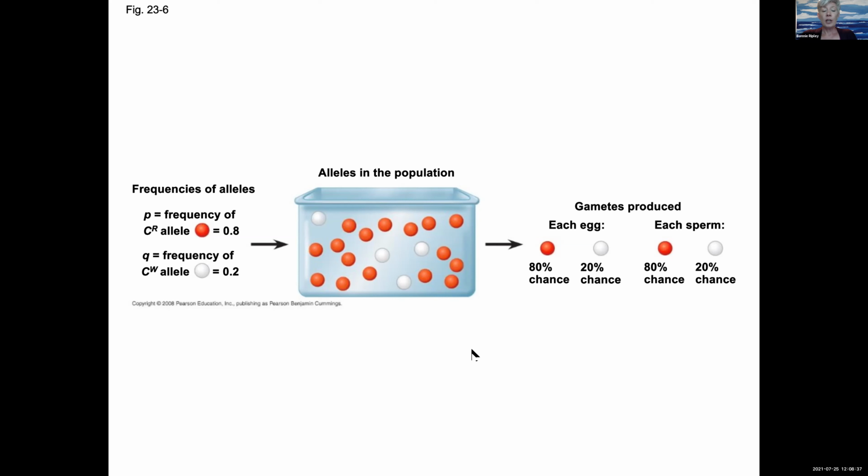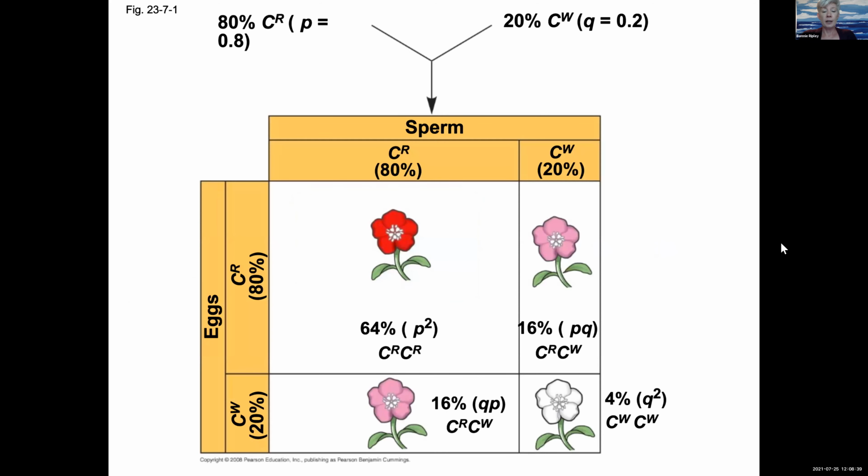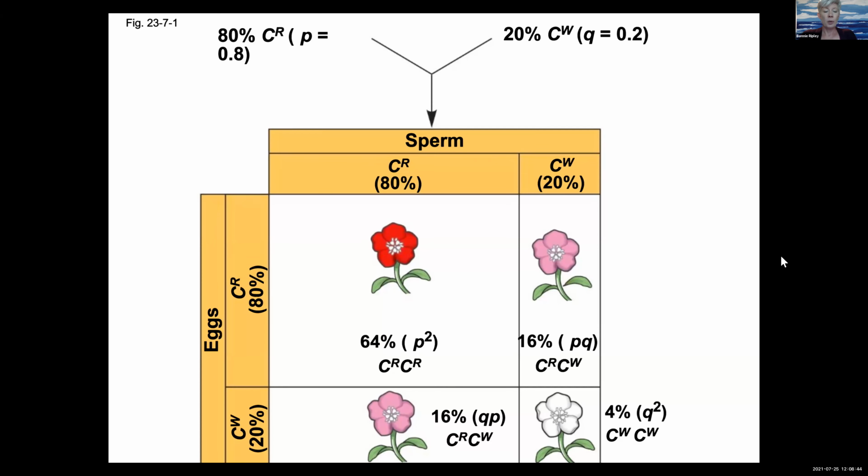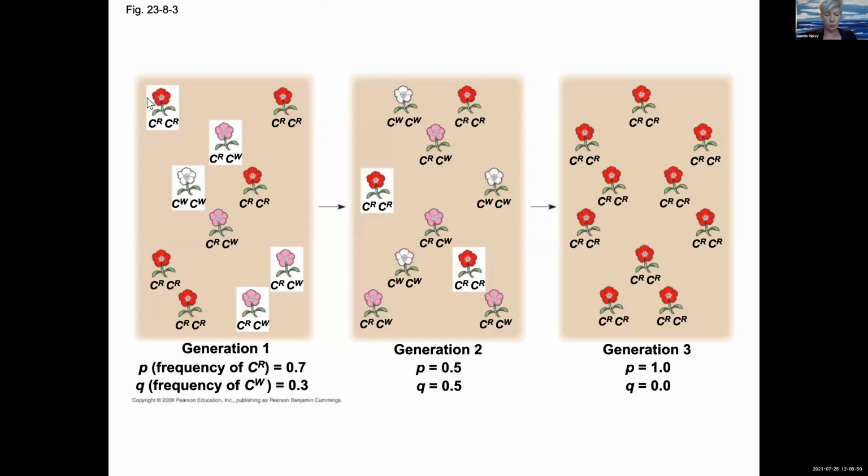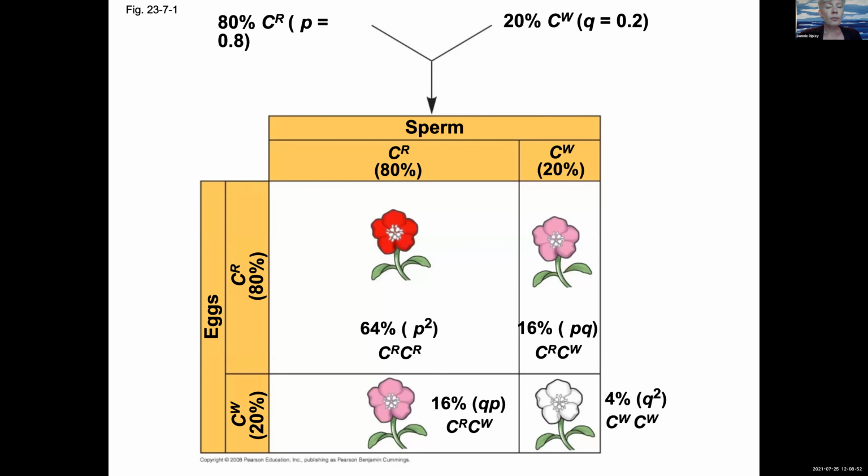So each egg, instead of having 50% probability of the red allele, it's going to have 80%. All right. So we need to know those allele frequencies in the population to start with. What we're going to do is exactly the same math as we did for the Mendelian genetics, except instead of starting with 1/2 and 1/2, we're starting with 0.8 and 0.2.